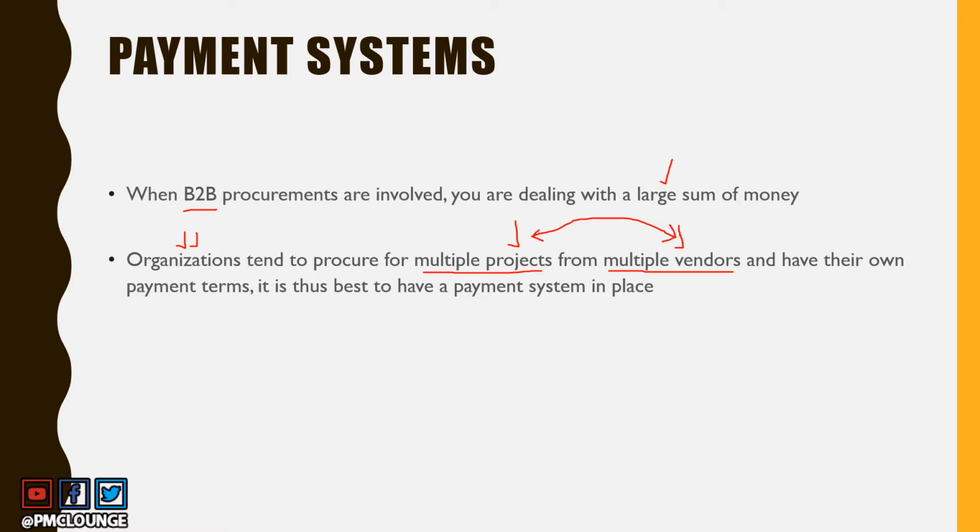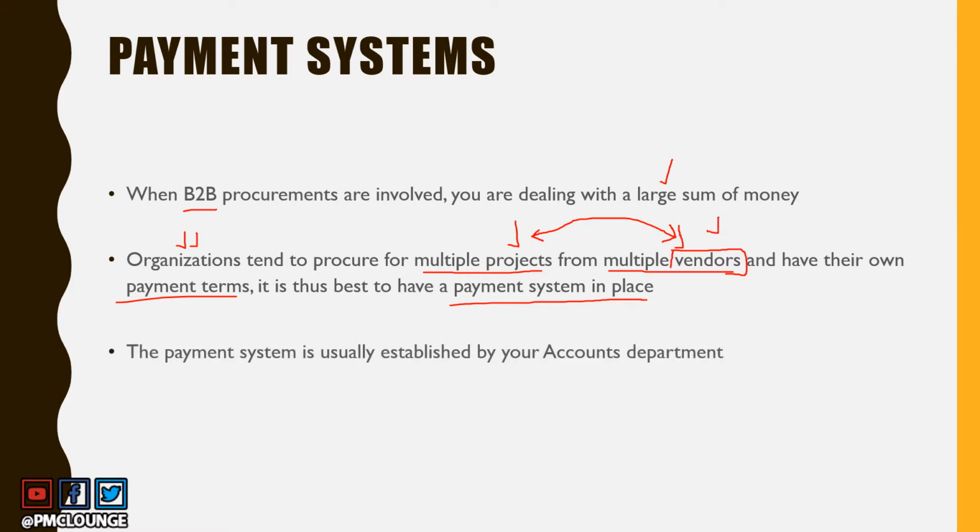And these vendors, to top it all, may have their own payment terms, right? Which your organization would have definitely agreed to. So it is best to have a payment system in place that takes care of the payments to all these vendors. This payment system is usually established by your accounts department. So as a project manager, you don't really need to deal with it much because this is something the accounts department needs to take care of.